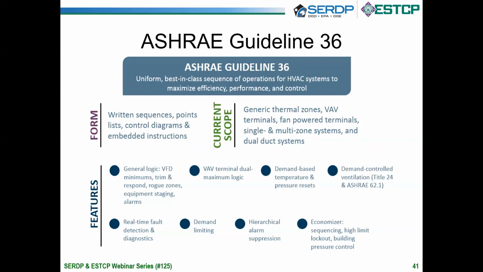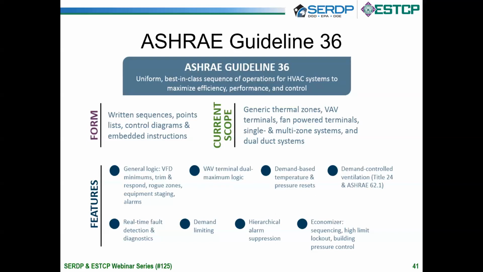At the zone level for VAV zones, the zone logic is designed to minimize reheat and also prevent overcooling. This zone logic is often called dual maximum logic, and I'll talk about this a little more in subsequent slides. There are demand-based resets for adjusting central air handler set points based on zone demand, and this is a significant energy saving measure.